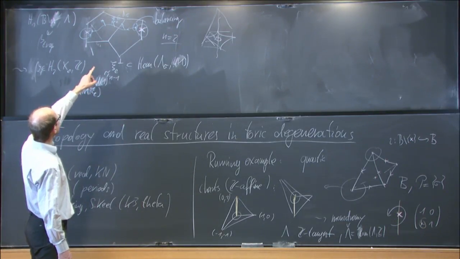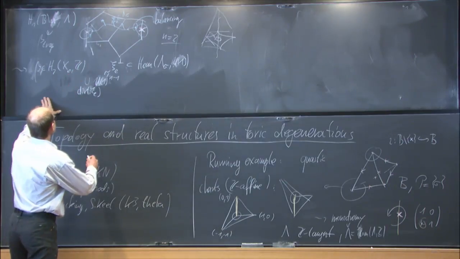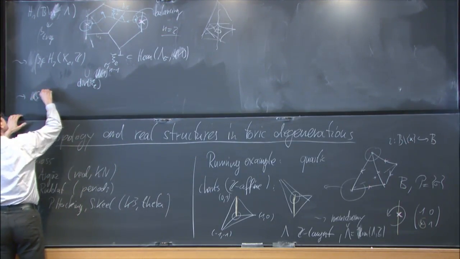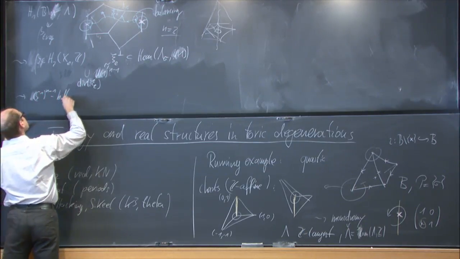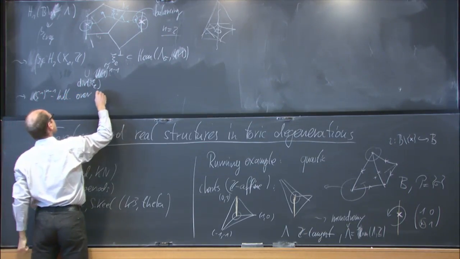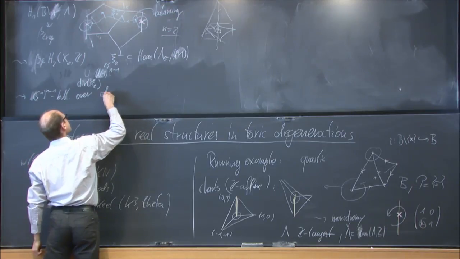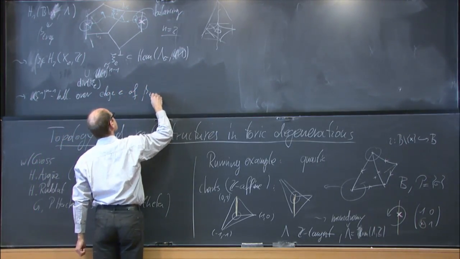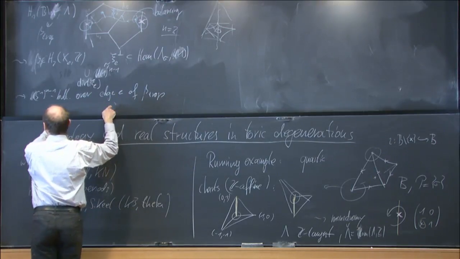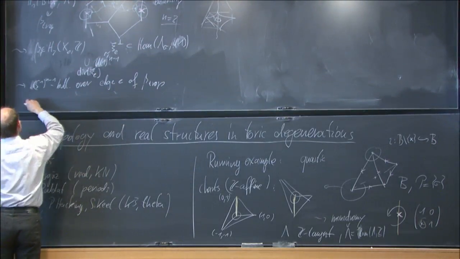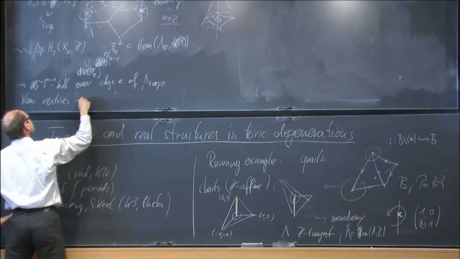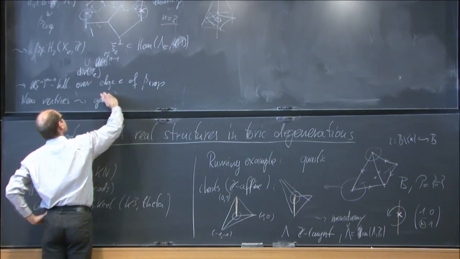Then of course you have to be a little careful of what's happening near the vertices. Over edges, and then at the vertices, from the balancing condition, you need to glue in certain 2-chains.